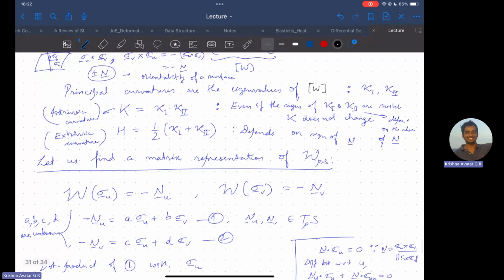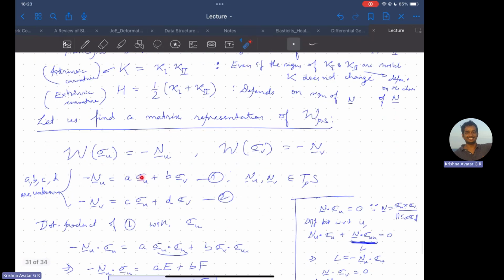So now we proceed to do the most important part of this entire process, which is the representation of the shape operator itself in some basis. So we choose a basis sigma u, sigma v, because that is what defines the tangent plane.